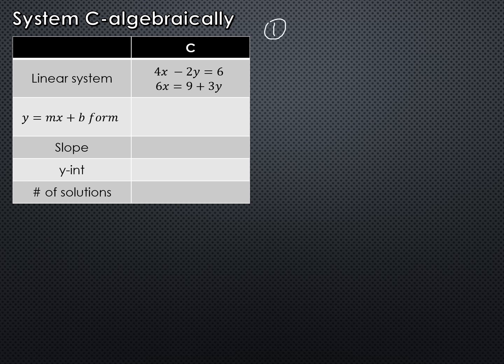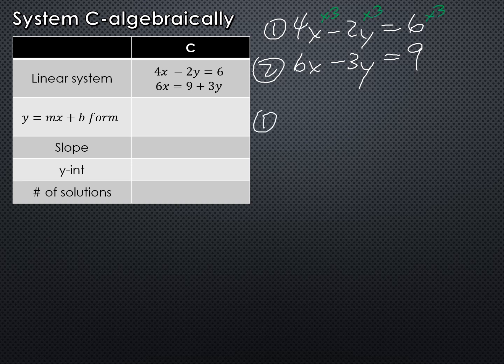So equation number 1, 4x minus 2y equals 6. Rearranging equation number 2, 6x minus 3y equals 9. Those do not match. Let's say you want to get rid of the x's. 4 and 6 both go into 12. So let's multiply the top equation times 3.